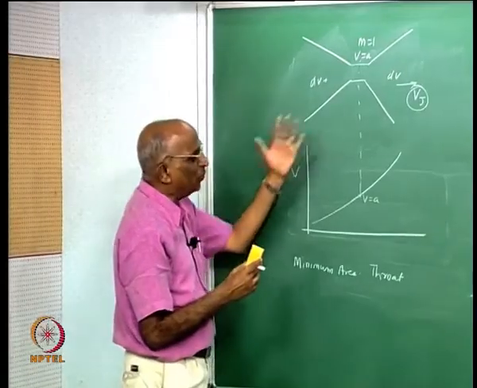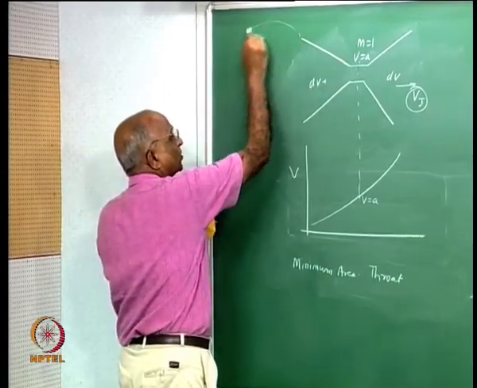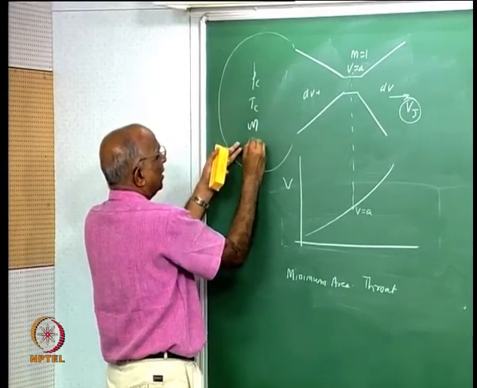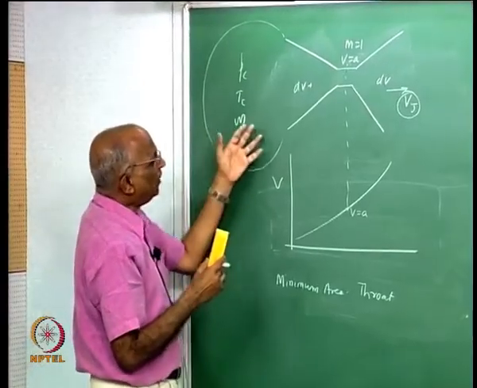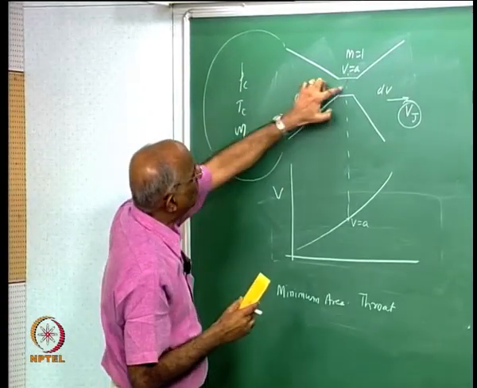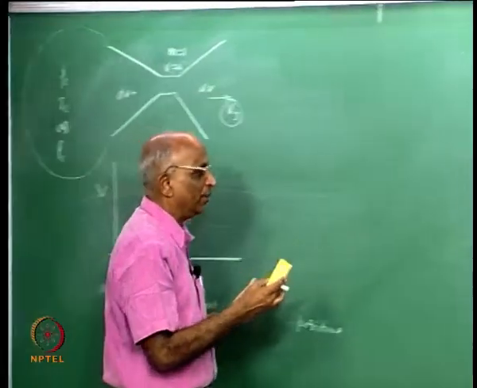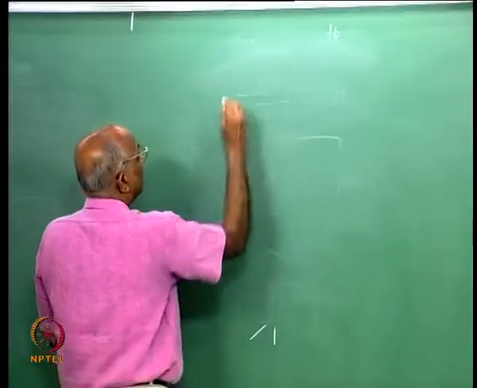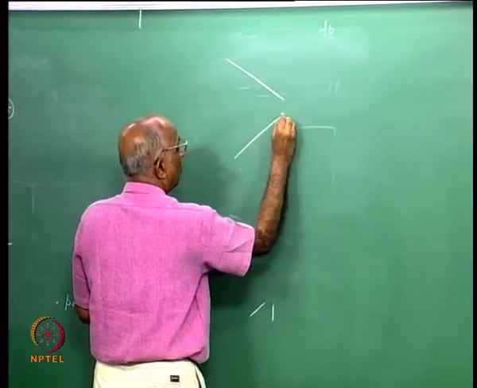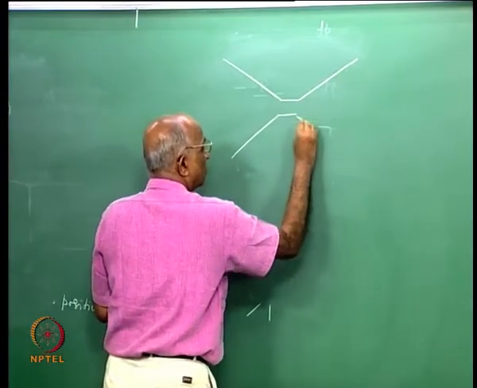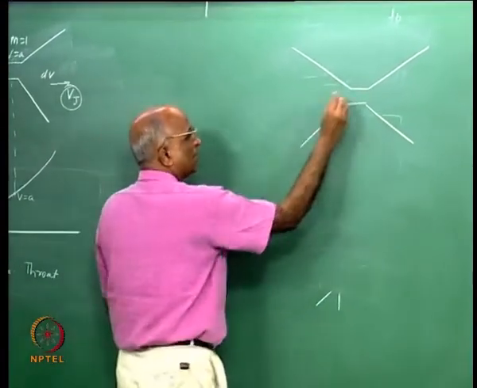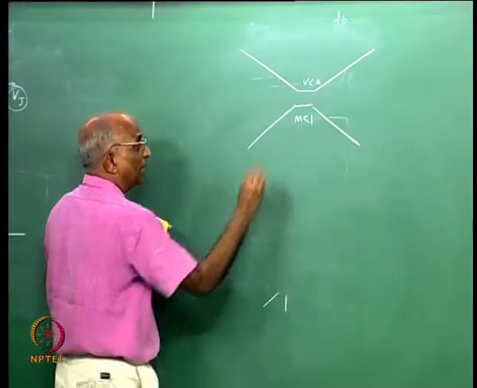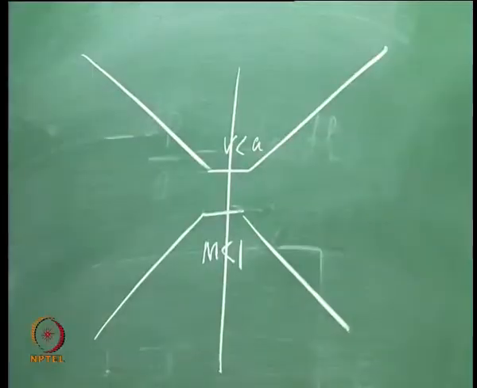Supposing by chance, when I am doing all this, I consider a balloon which had a pressure of Pc, Tc, molecular mass and rho c, and the mass flow rate through this is such that Mach number is less than 1. Then what is going to happen? Let us say I have the same configuration, the convergent followed by the throat followed by the divergent, and if by chance my velocity is less than the sound speed, that means Mach number is less than 1 at the throat section, then what is going to happen?